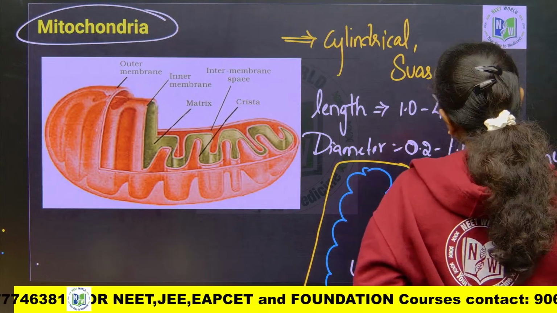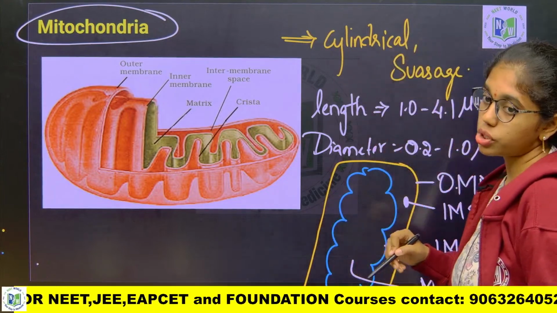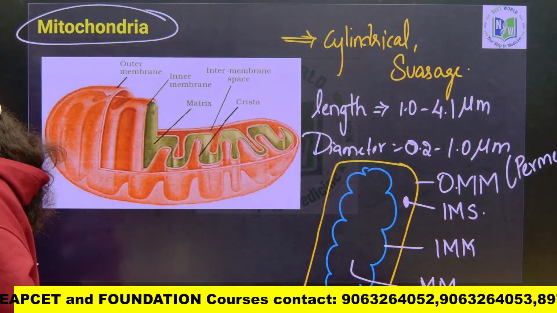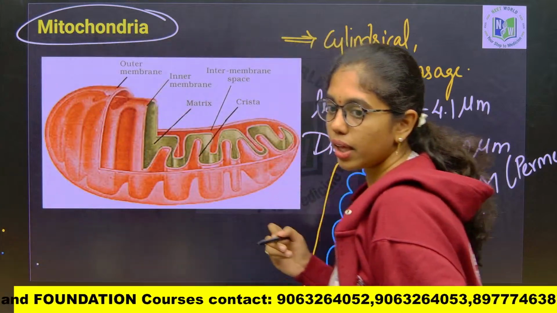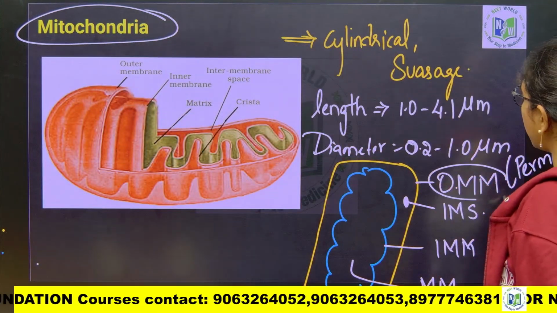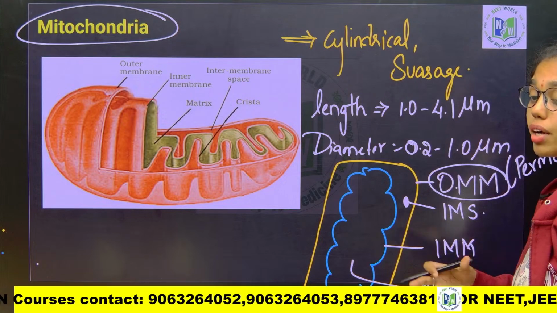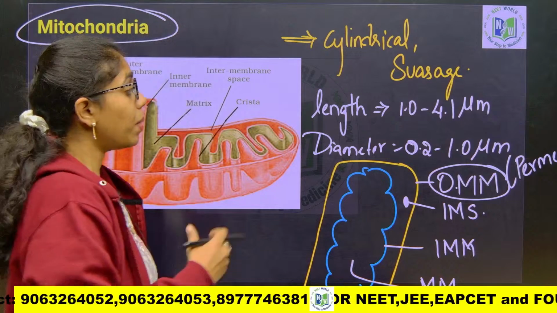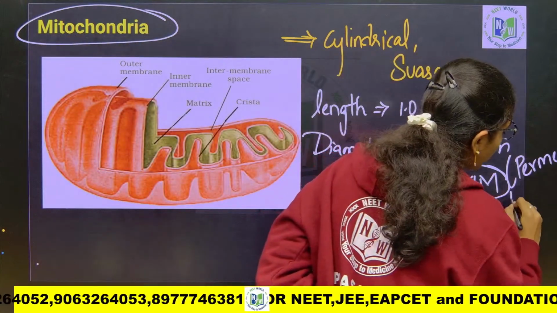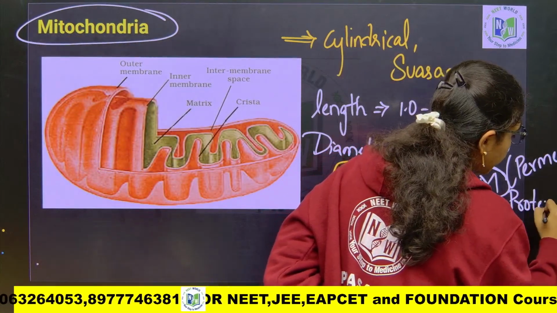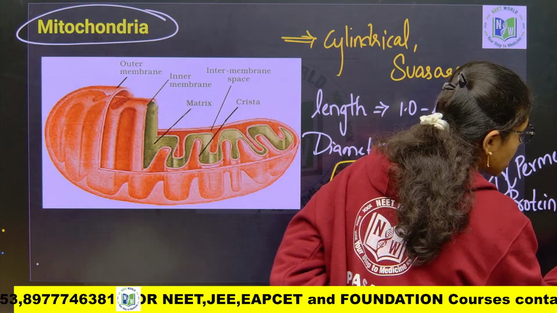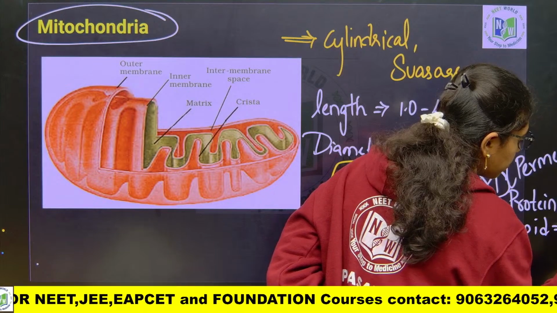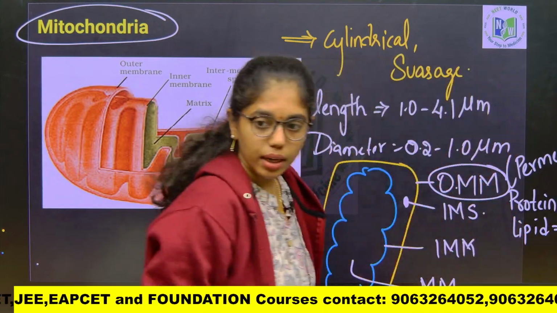What will be the protein and lipid percentage in the outer mitochondrial membrane and inner mitochondrial membrane? In the outer mitochondrial membrane, protein percentage will be 60% and lipid will be 40%.